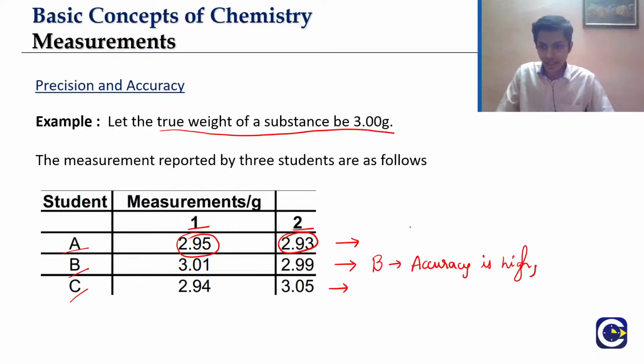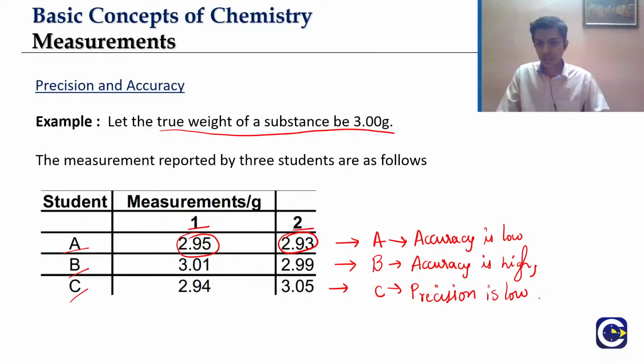Whereas for student A, accuracy is low, and for student C, precision is low.